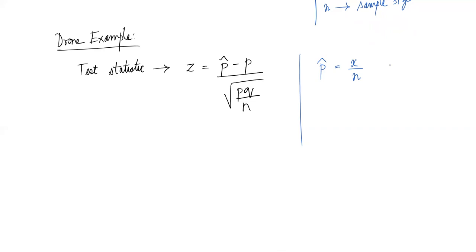So don't always think success has to have a positive result. In this case, success means the number of consumers who said no. And remember, that is your number of successes.